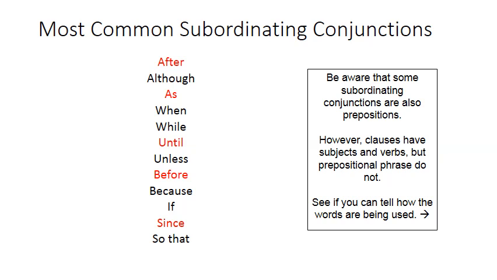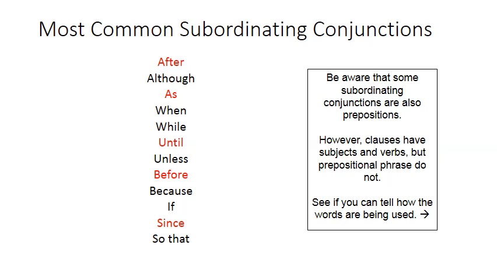The ones highlighted in red are the ones you need to be especially careful of because they could also be prepositions. So on your foldable, go ahead and put stars next to those five. Go ahead and draw a star next to after, as, until, before, and since.